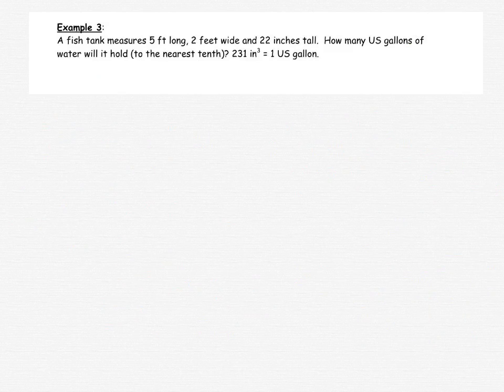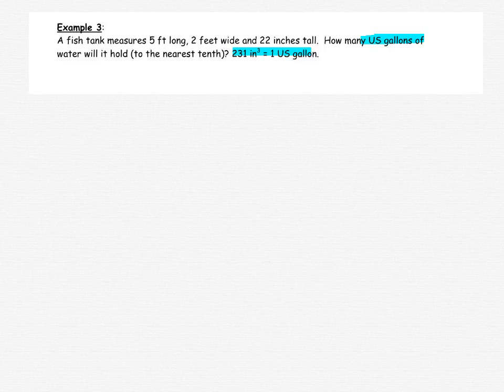Example 3 says a fish tank measures 5 feet long, 2 feet wide, and 22 inches tall. Right away you know that's going to be a bit of a problem because you have mixed units, so you can anticipate there'll be a strategy to make that question work. How many U.S. gallons of water will it hold?